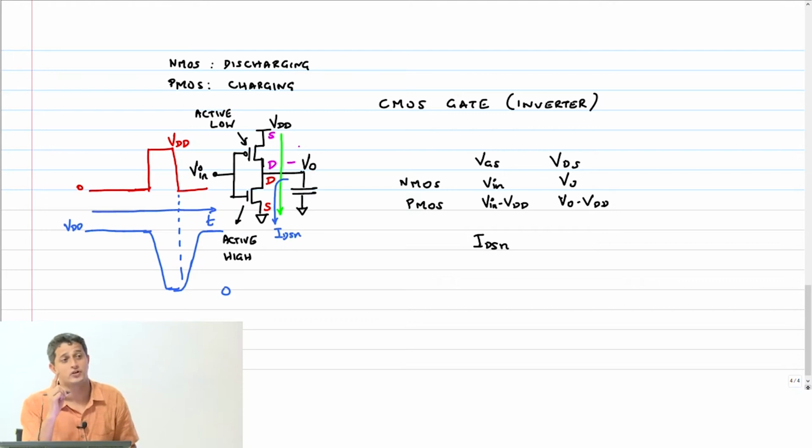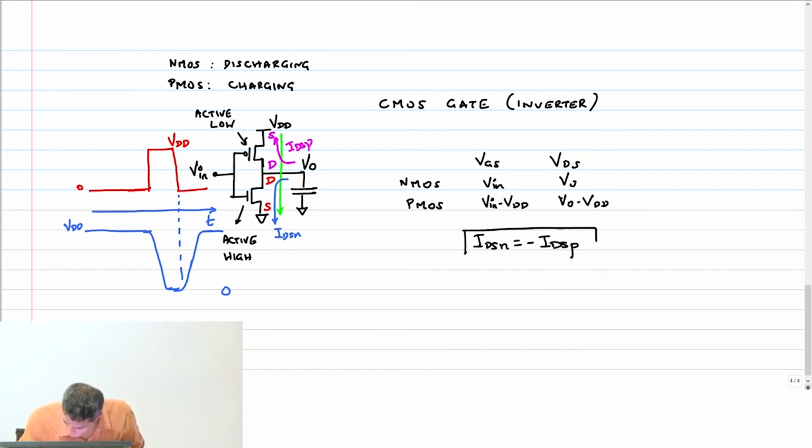The IDS direction has to go from here, like this, that is IDSP. So therefore IDSN should be equal to minus IDSP. This will hold at all times, for all t.